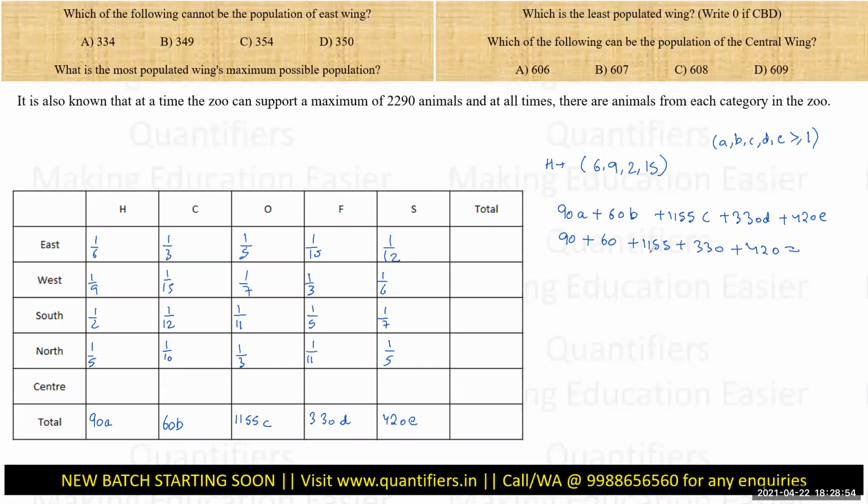If I add them up, the total is 2055. Now we are given that they can accommodate a total of 2290 at all times.